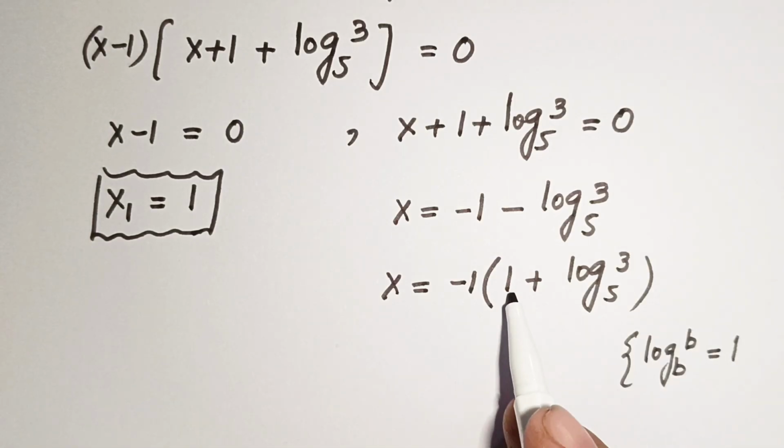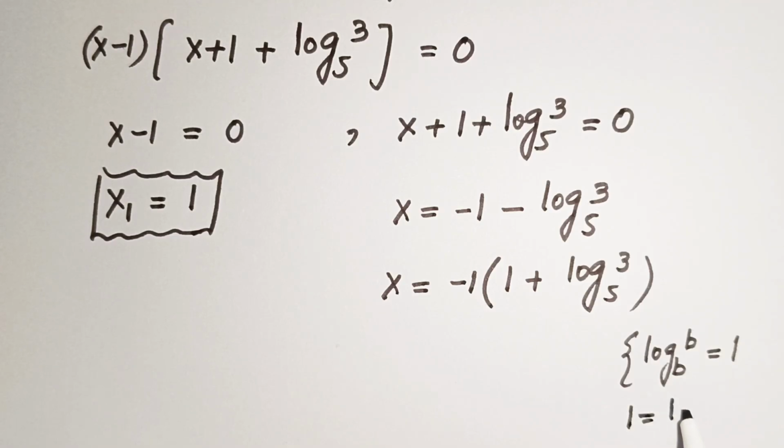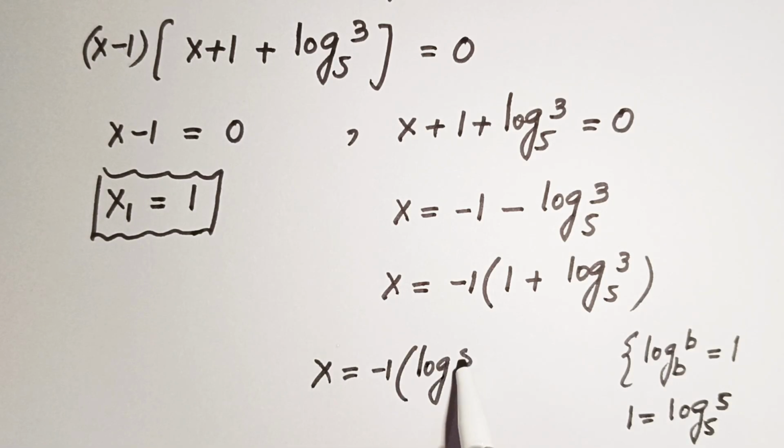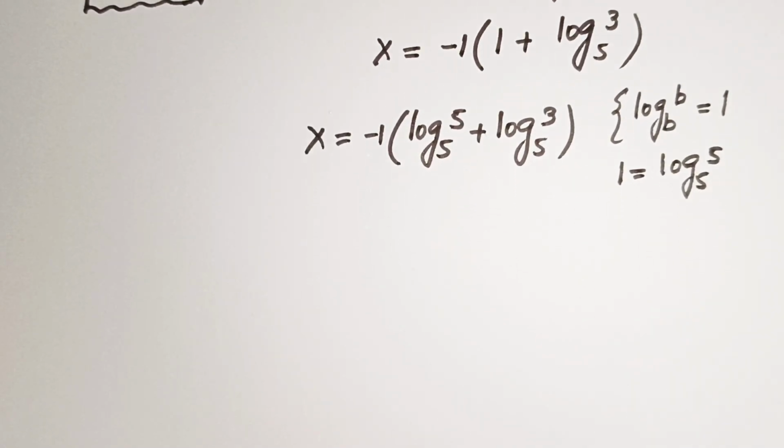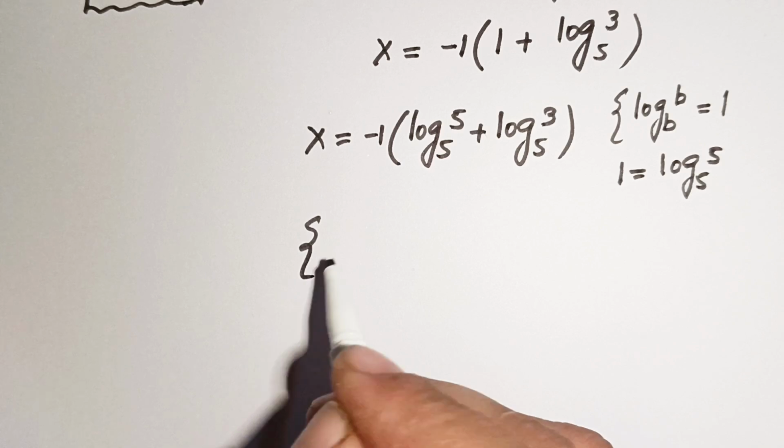So here we write this 1 as log 5 to base 5. So x is equal to minus 1 times log 5 to base 5 plus log 3 to base 5. Now using again a nice logarithm law.